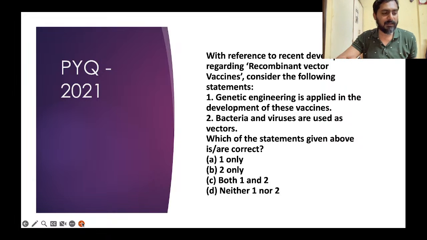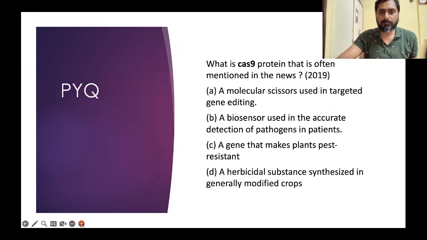It can be a bacteria, it can be a virus also. So we need to understand that vectors can be anything. Vectors are just a medium to transfer the desired genes from one organism to another organism, or from a particular organism to the host. So the correct answer in this case is both 1 and 2, that bacteria and viruses can be used as vectors.